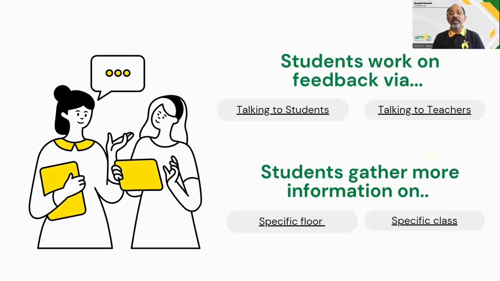So students started working on it. They decided to go deep dive into the problem. They started talking to other students, they started talking to teachers. They were looking at specific information that, okay, is this pattern for a specific floor, or is this pattern for a specific class or specific day, specific week.